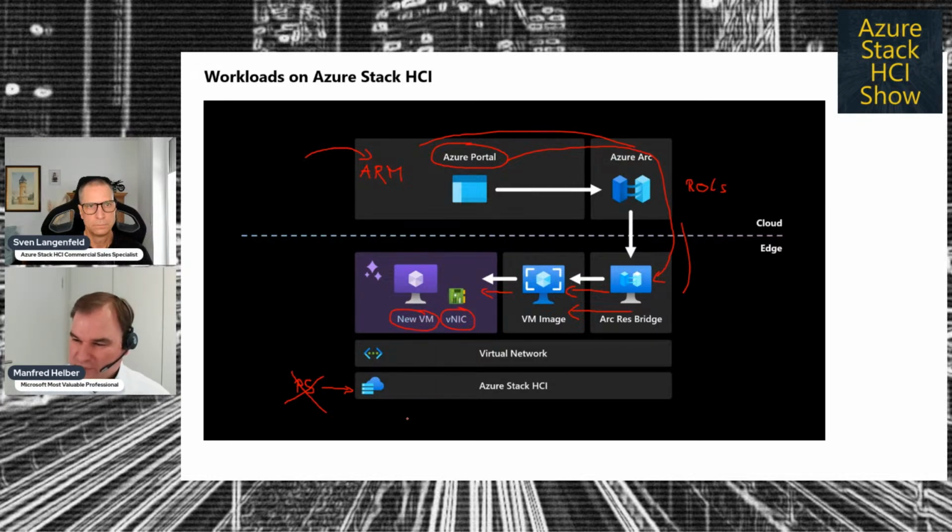Why? For example, the network configuration is very specific in Azure Stack HCI 23H2 because it's also specific in Azure. And Azure Stack HCI 23H2 follows the logic we have in Azure. So we have something that is called a logical network. We don't have this in Hyper-V. We don't have this in the local environment.